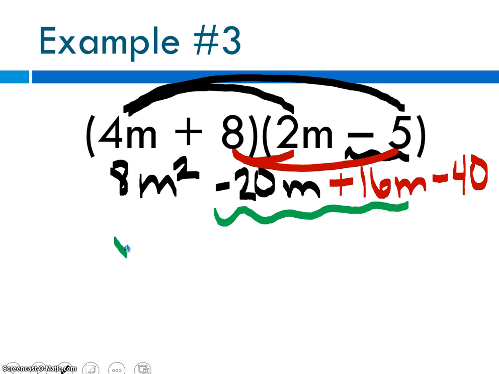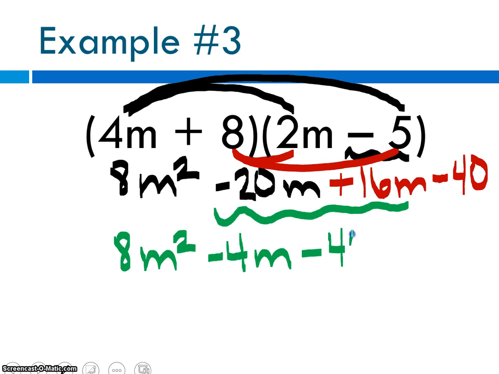So I can bring my 8m squared down, and then negative 20 plus 16 is negative 4. Keep my m. Nothing changes when I combine like terms when we're talking about variables. Then I'd bring down my negative 40. So this one's complete.